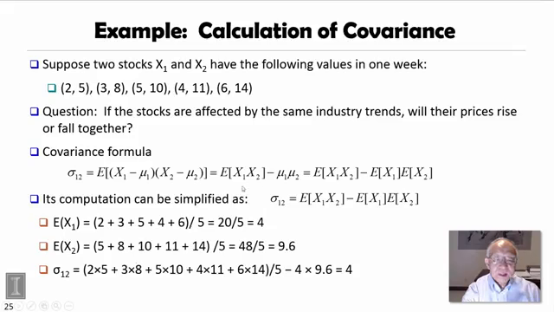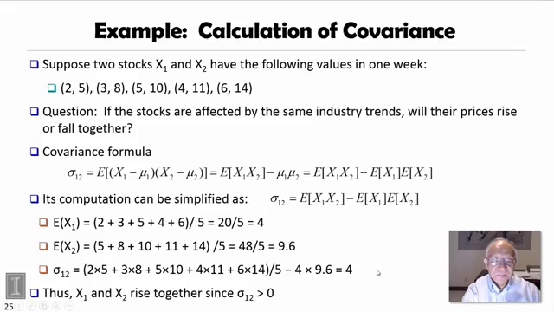We use this formula: we look at their product, the sum of them, divided by the number of variable pairs. Then we subtract the expected value of x1 times the expected value of x2. Then we get the final value, which is 4. That means the covariance is greater than 0, so x1 and x2 rise or fall together.